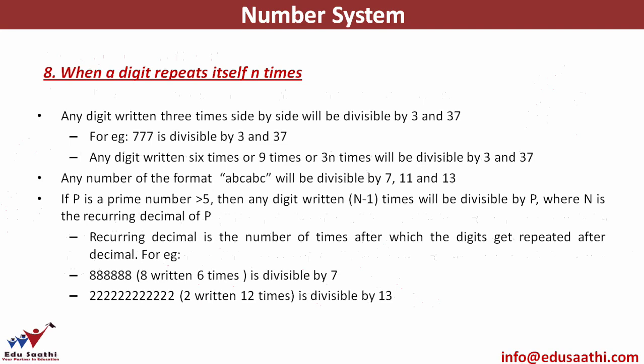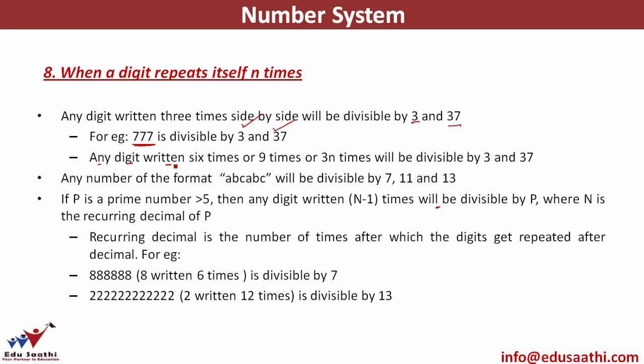Let's look at another case, that is when a digit repeats itself n times. Any digit which is written 3 times side by side would be divisible by 3 and 37. For example, if I write the same digit 3 times side by side, it will always be divisible by 3 and 37.